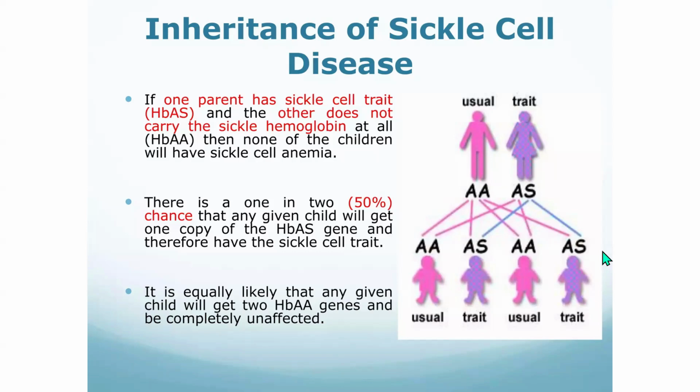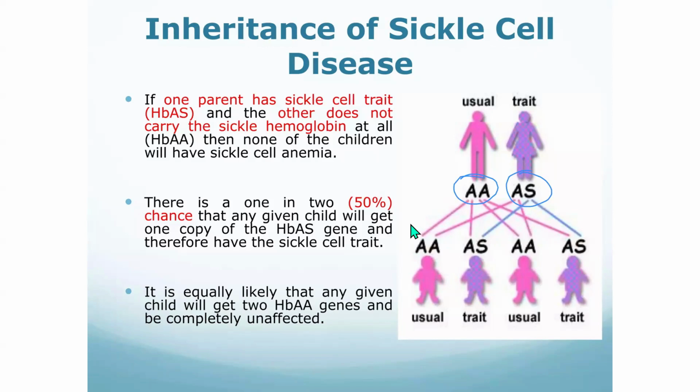So you see here, there are two parents, and this is AA and this is AS. None of the children will have sickle cell. But 50% of the children will be carriers, and 50% of the children will be normal.